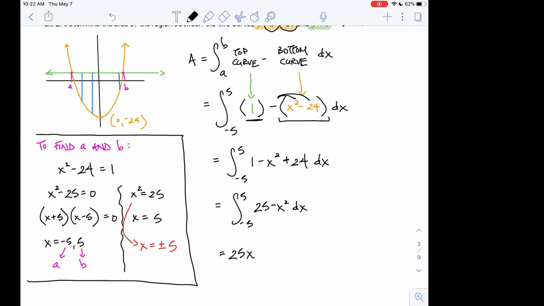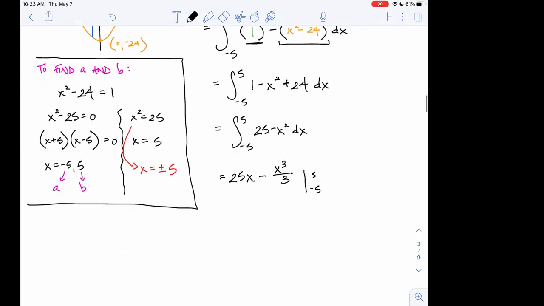So we have 25x minus, what's the integral of x squared? X cubed over 3. All right. Now that you have this, you can draw the line, put the 5 at the top and the -5 at the bottom.